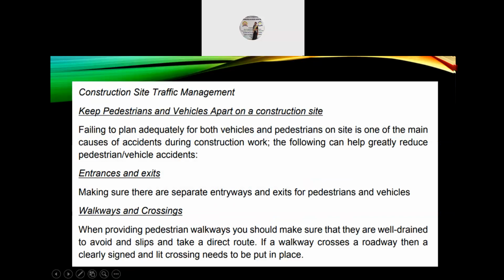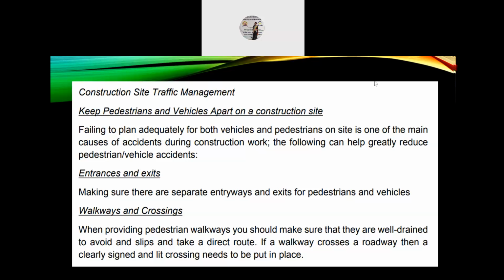Next, construction site traffic management. The first one, keeping pedestrians and vehicles apart on a construction site. Failing to plan adequately for both vehicles and pedestrians on site is one of the main causes of accidents during construction work. The following points can help greatly reduce pedestrian or vehicle accidents.